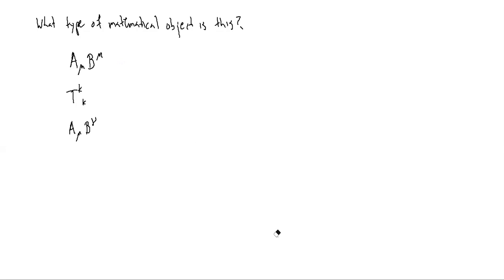Okay, you can either tell me the type of mathematical object it is, or you can tell me what this actually is in terms of stuff that we talked about probably on day 2 or something like that. So this is now a way of writing something that we've done a whole bunch of times. We've got B contravariant mu, and then A covariant mu. So what does that mean about the components of A and B?